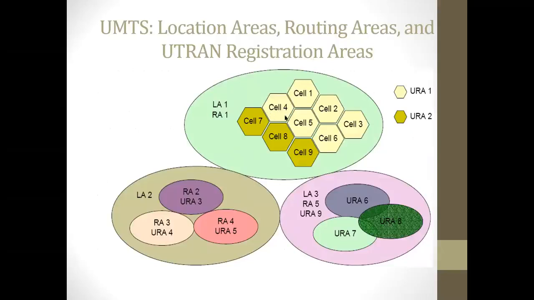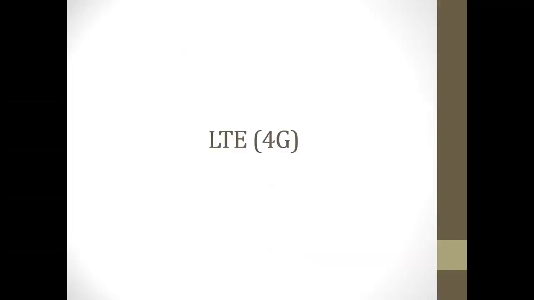But anyway, this particular slide I'm not including in the syllabus because it discusses 3G. In 4G we don't have CS and PS operation, so there's just one type of area. In 2G or 3G there are location area and routing area. In 3G there is also a third type of area, but in 4G there is just one type of area, which is called tracking area.